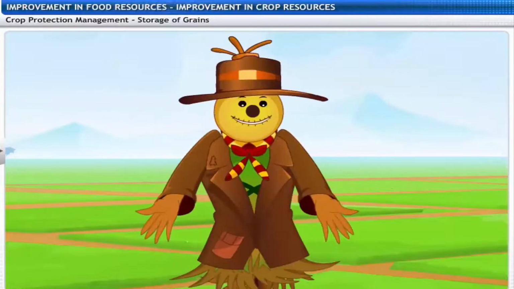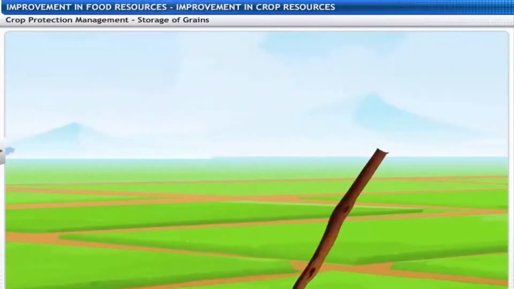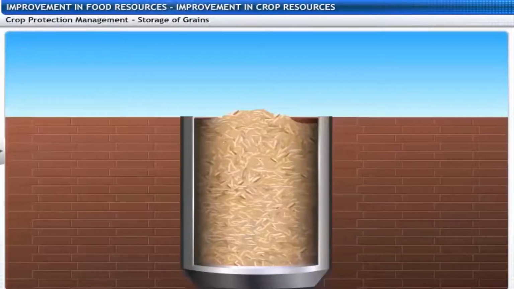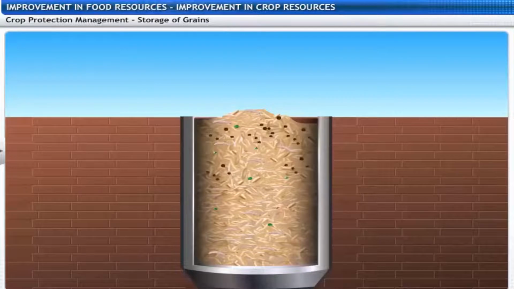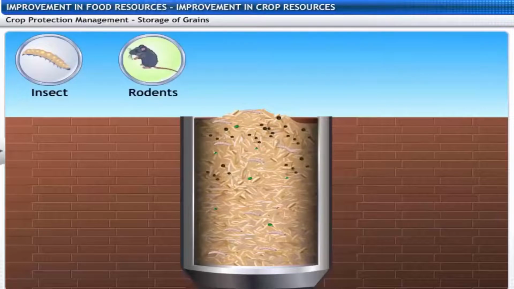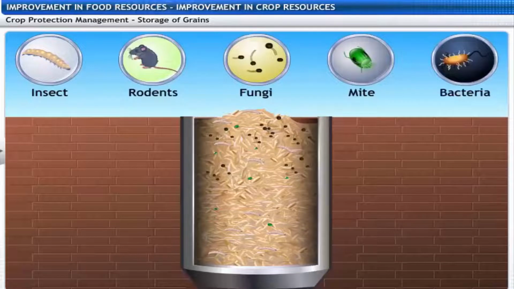Where have all the crops gone? The crops have been harvested and the grains have been stored. But crops need protection during storage as well. Storage losses in crops are due to biotic factors like insects, rodents, fungi, mites, and bacteria.